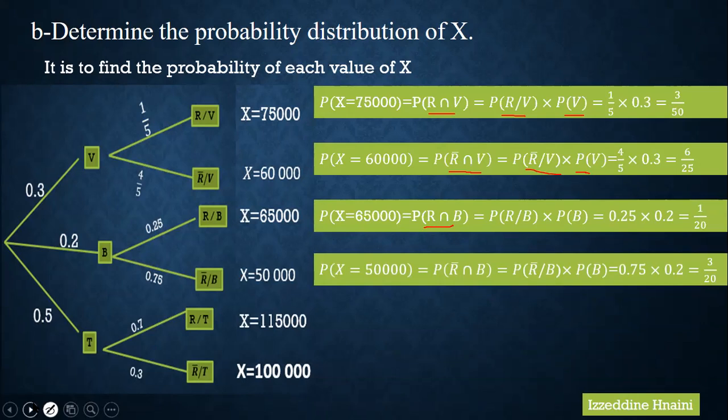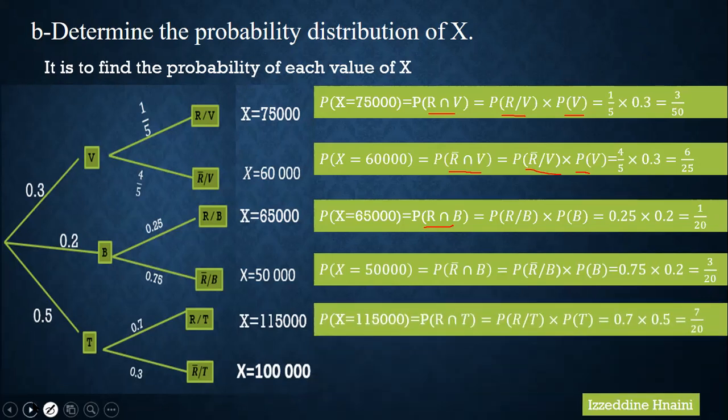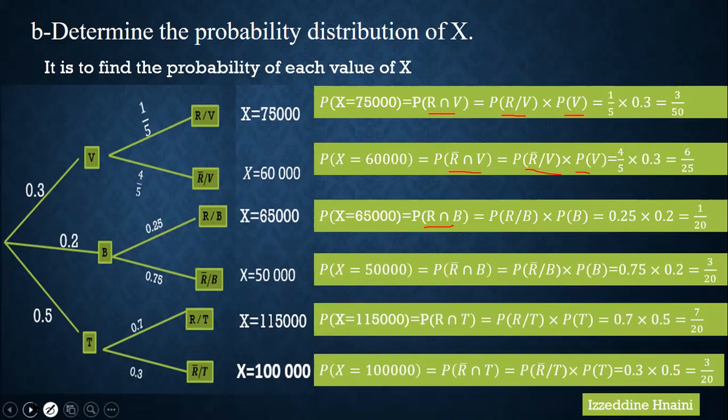That is, for each value of X, we find its probability. Note that the summation of these 6 probabilities is equal to 1.